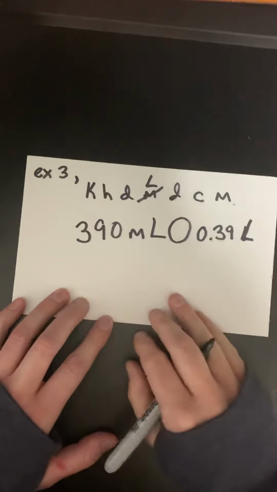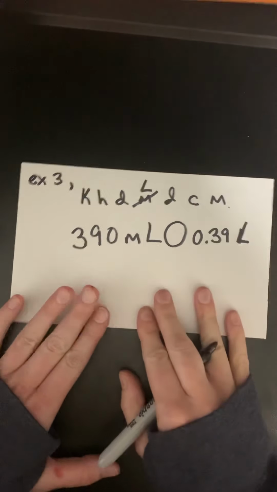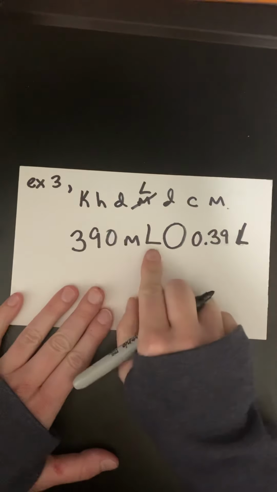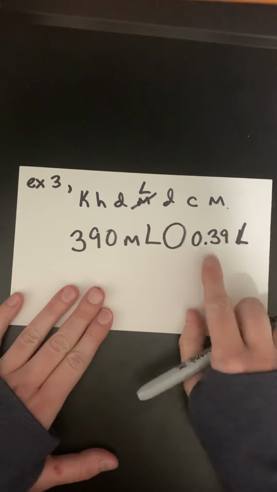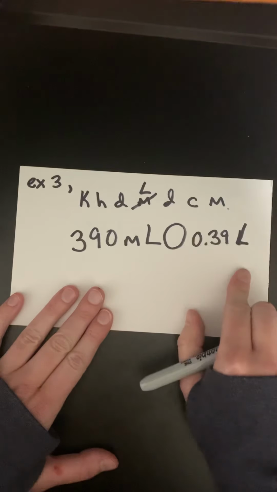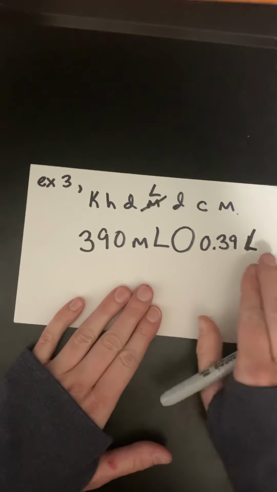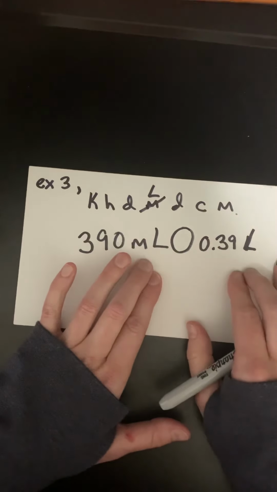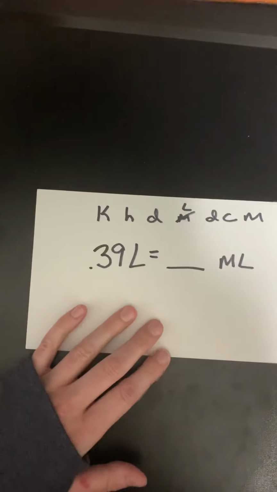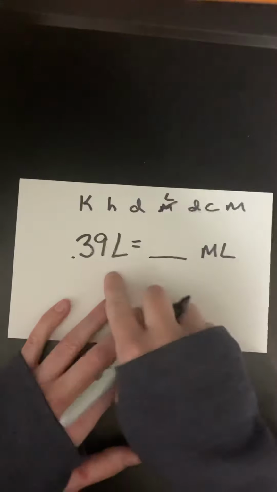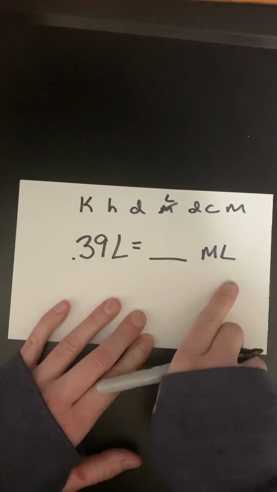Now, we're going to do one comparison, one inequality, if you will. We have 390 milliliters and we have 0.39 or 39 hundredths liters. Which one is the larger unit, the milliliters or the liters? Of course, we know that the liter is the one that's larger. So we're going to turn the liter into the milliliter.